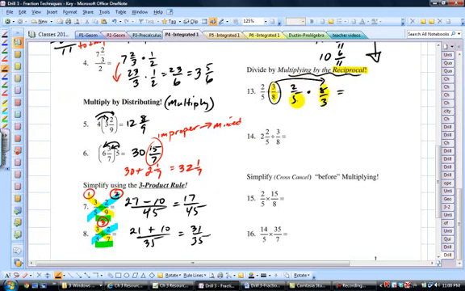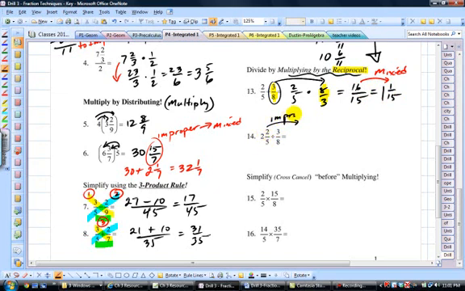I don't. 8/5 and 2/3 can't be simplified, so go ahead and multiply. 2 times 8 is 16. 5 times 3 is 15. And then, just like we always have done before, go to mixed, and you get 1, because 15 divides into 16 one time with 1 remaining, so 1 and 1/15. When it's improper, you've got to change to mixed.